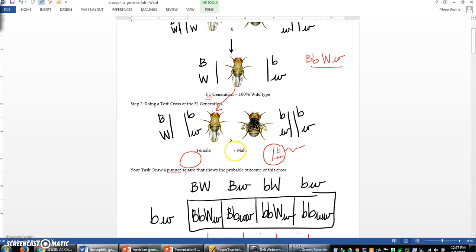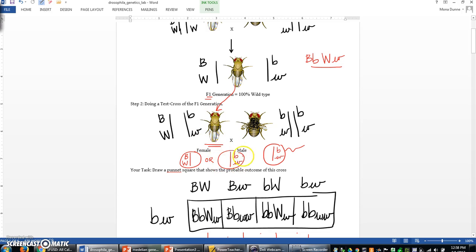Now, for her eggs, this big chromosome could come in, or this recessive chromosome could come in. She's going to make either or. She's either going to make this zygote or the other zygote. If she passes on the big B and the big W, that offspring is going to have traits that look just like her, with the brown body and the normal wings.